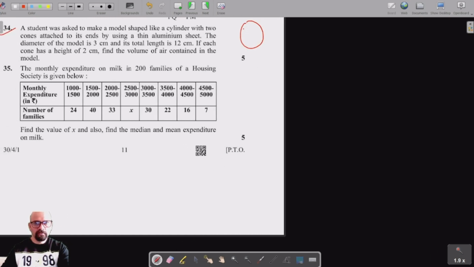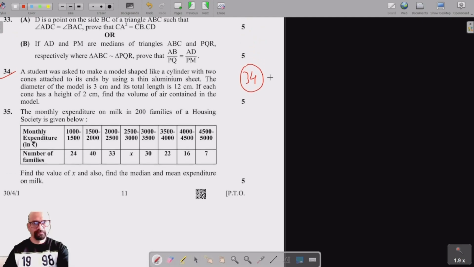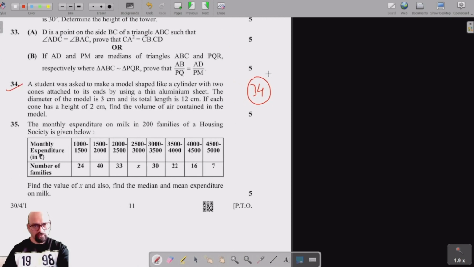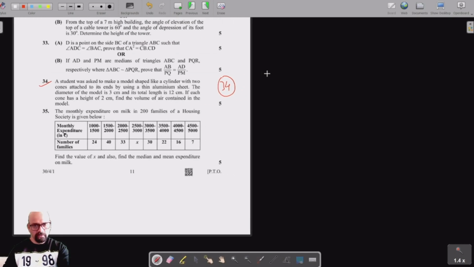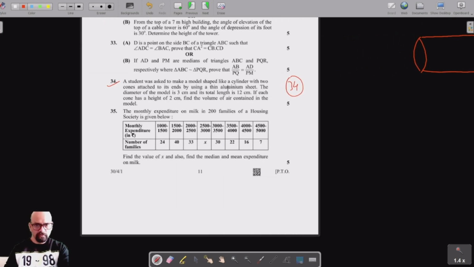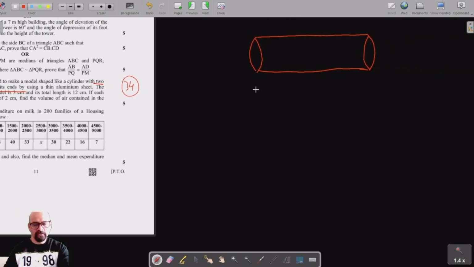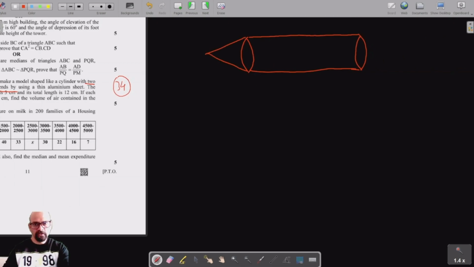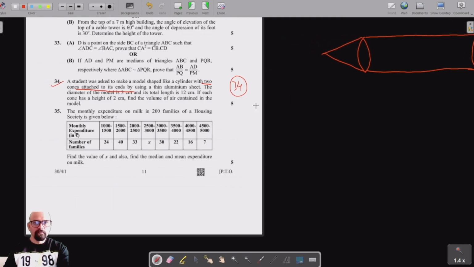So this is the cylinder, and these are the two cones attached to its ends.